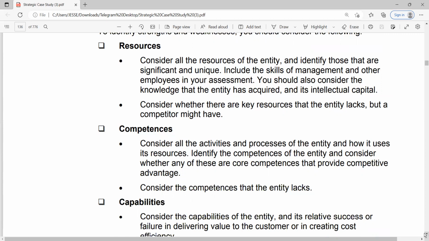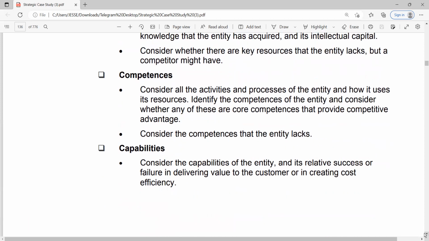You consider all your activities and processes and then you identify whether there are any core ones. You also try to figure out what kind of resources or competencies are lacking.